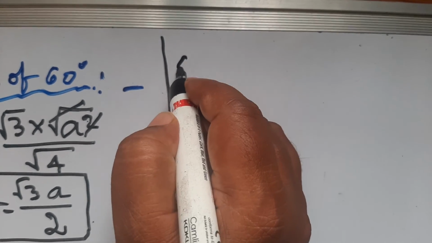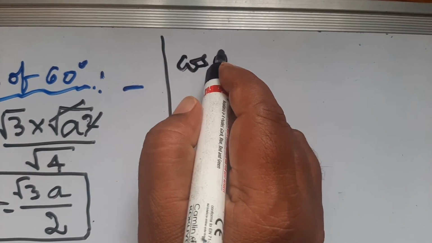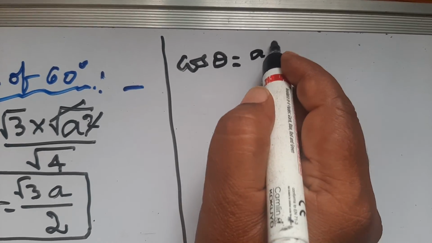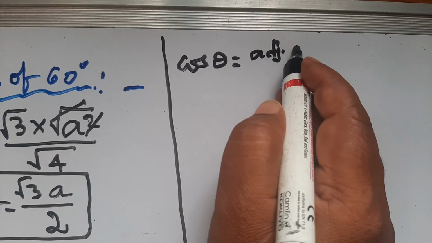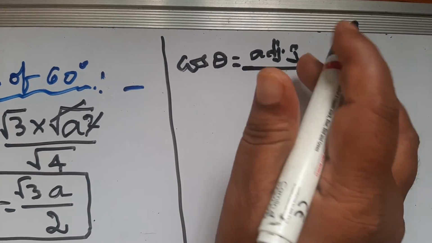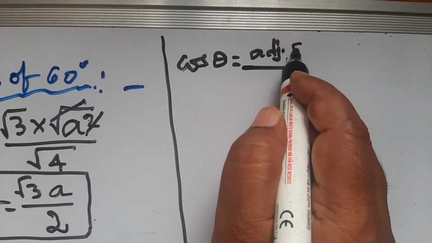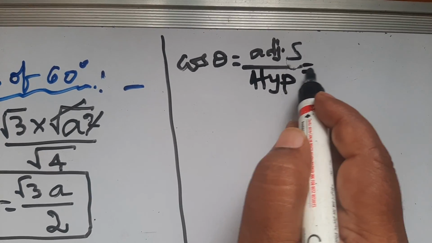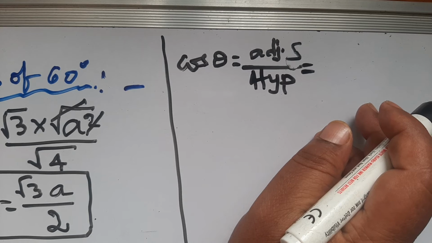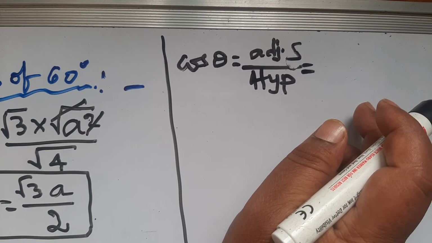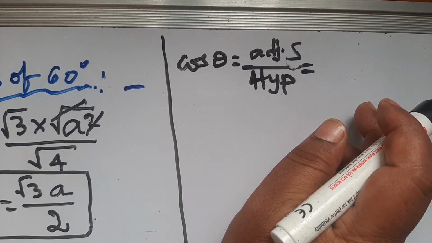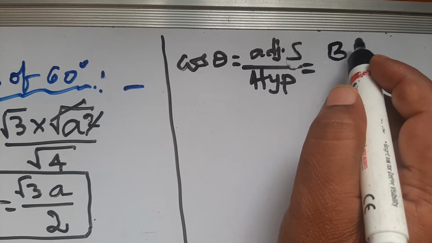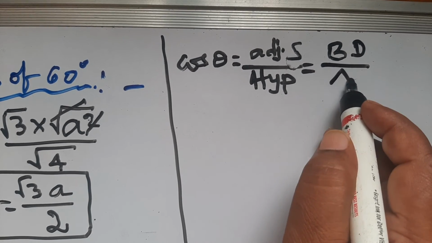Cos 60 or cos theta, from the right angle triangle, is adjacent side by hypotenuse. That is equals to, adjacent side is BD there. Adjacent side for 60 degrees is BD and hypotenuse AB. So, BD by AB we have to write.